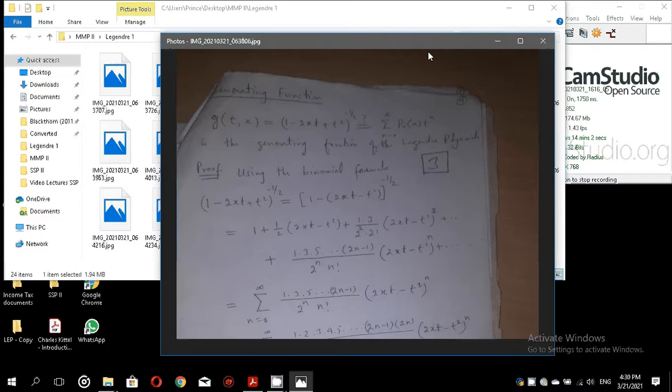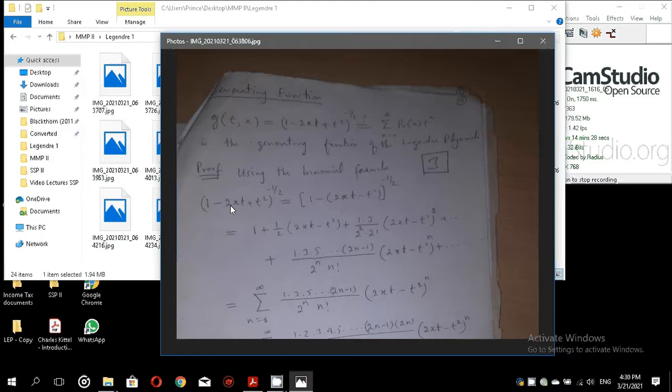In the following portion of this page, this generating function is being established. We take 1 minus 2xt plus t square power minus half and write it like this, and then we use the binomial theorem, binomial series, to expand it.